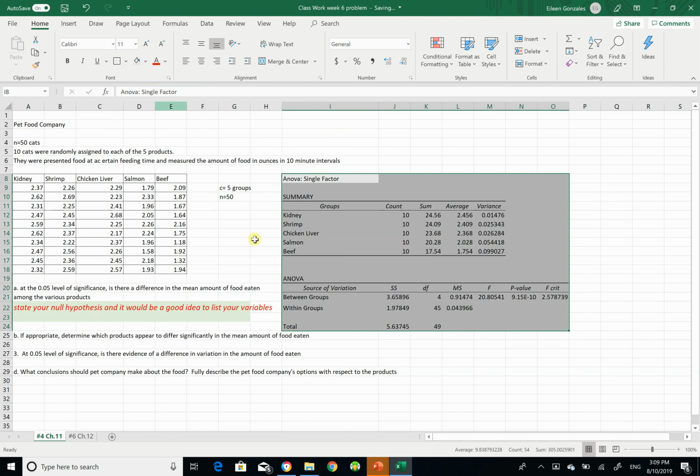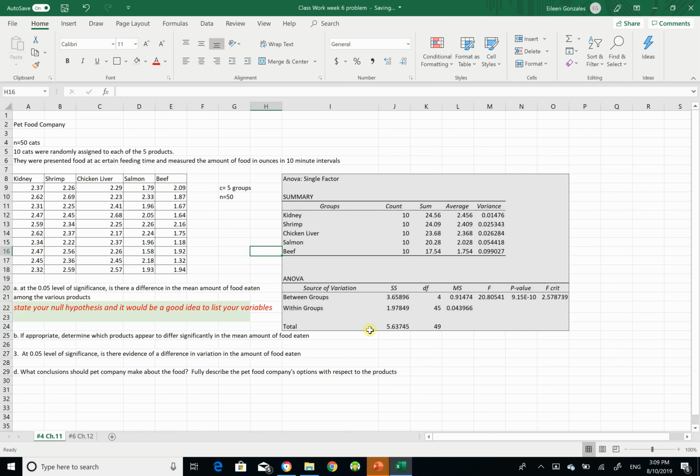So one thing I want to point out here is, notice they're giving the count for each individual type of food: kidney, shrimp, chicken, liver, salmon, and beef. And they have the sum, the average, and the variance for each individual item.